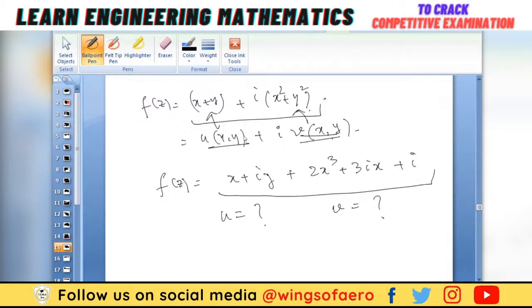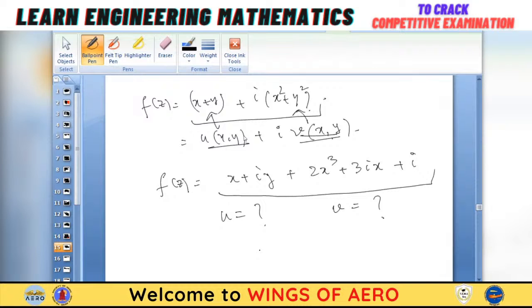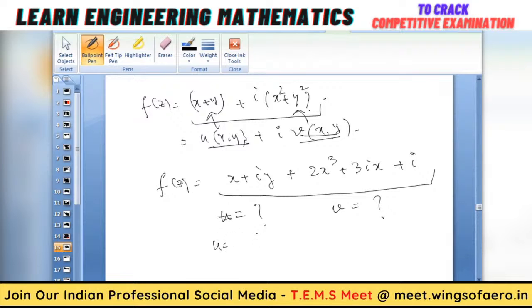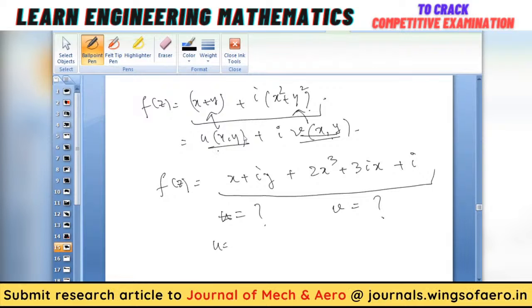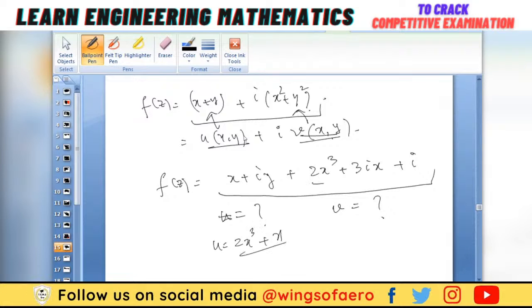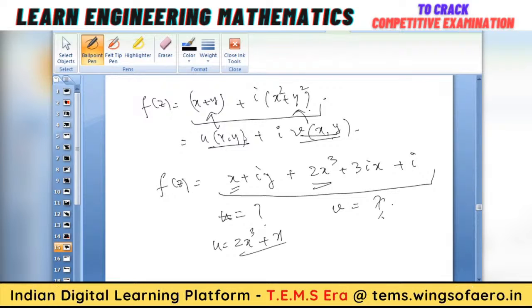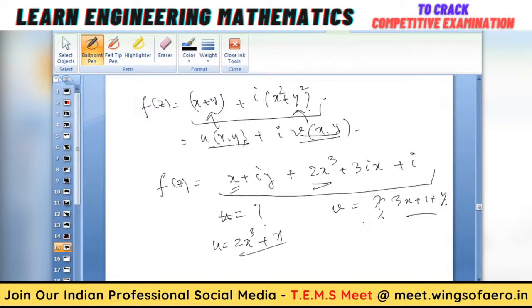X and Y, sir. Okay, u is equal to what? Look at the function very carefully. 2x cube plus x, sir. Exactly, 2x cube plus x, the real part. And v is equal to what? 3x plus 1 plus y, sir. Exactly. 3x plus 1 plus y. This is v.